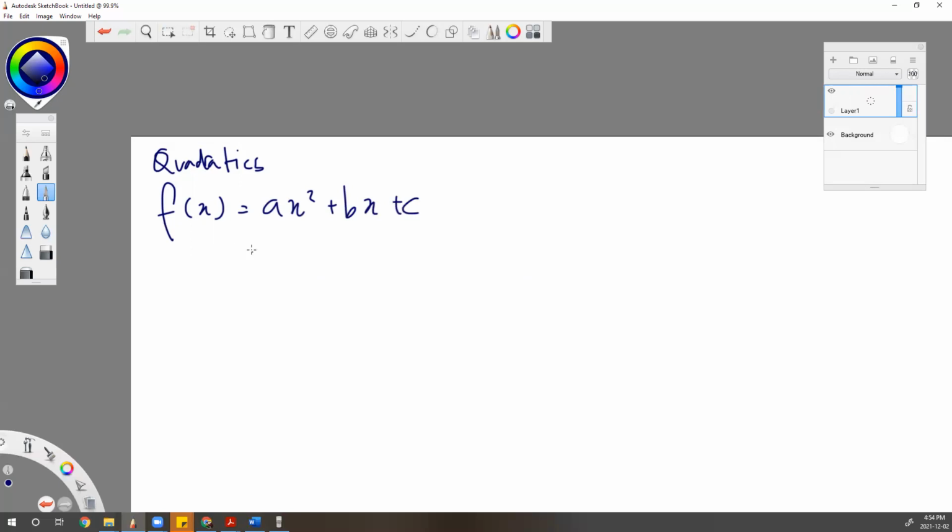So we deal with the a, where a is positive, it is smiling, producing the minimum vertex. If a is negative, it's frown, producing maximum vertex. B, nothing to do with that. C is always the y-intercept, always.